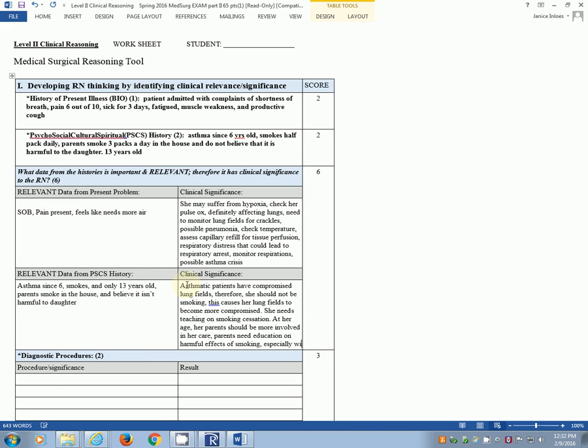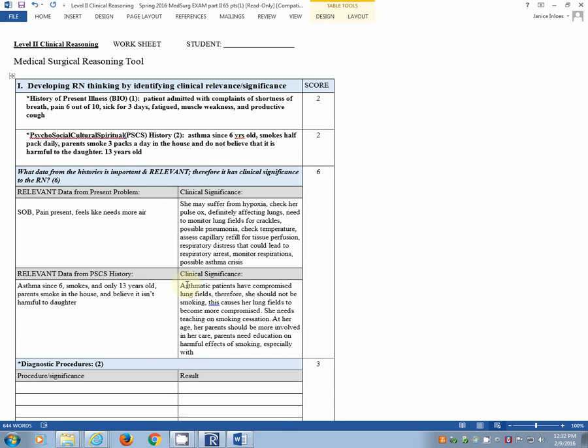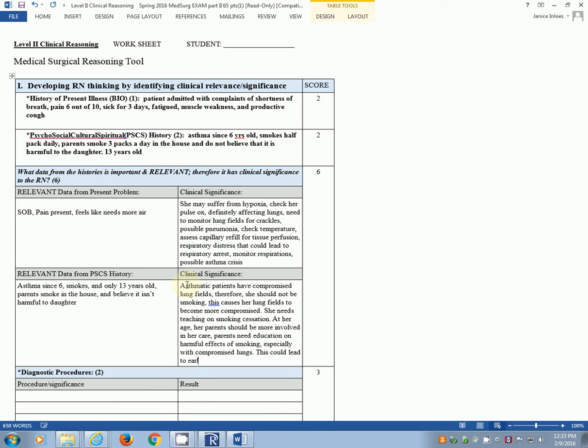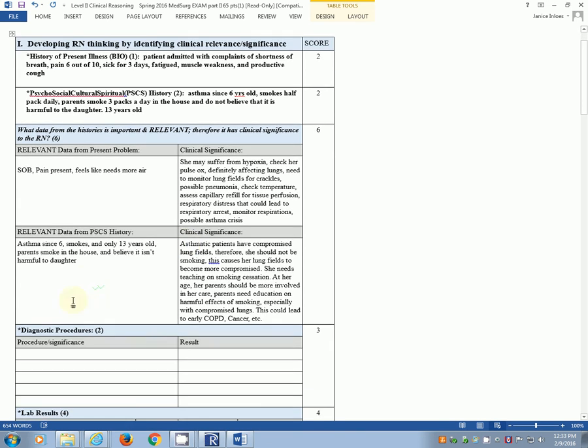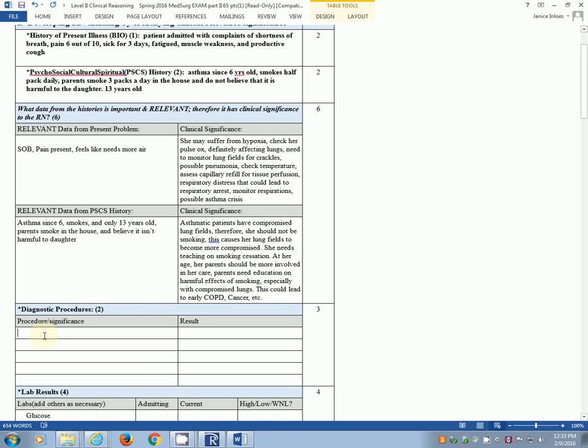Especially with compromised lungs, this could lead to early COPD, cancer, etc. Okay, so what did we do diagnostic procedure wise?